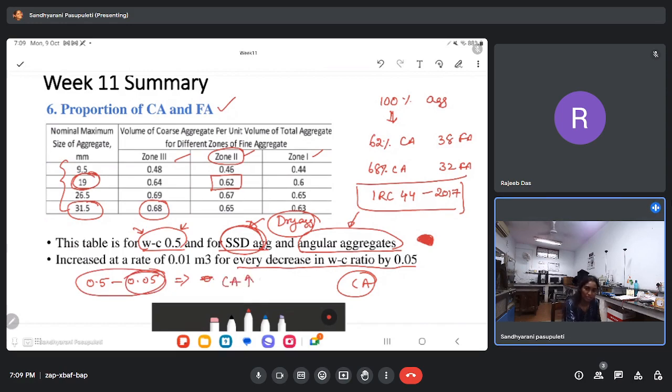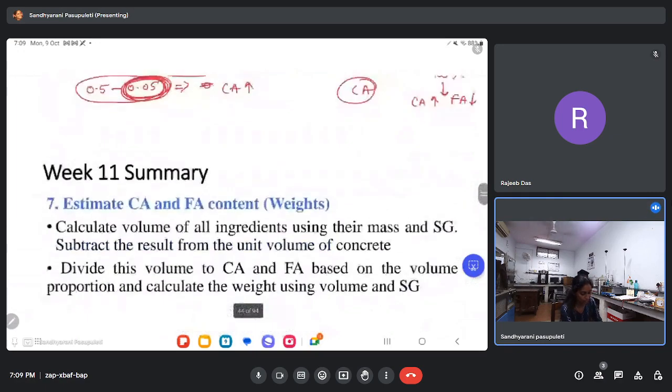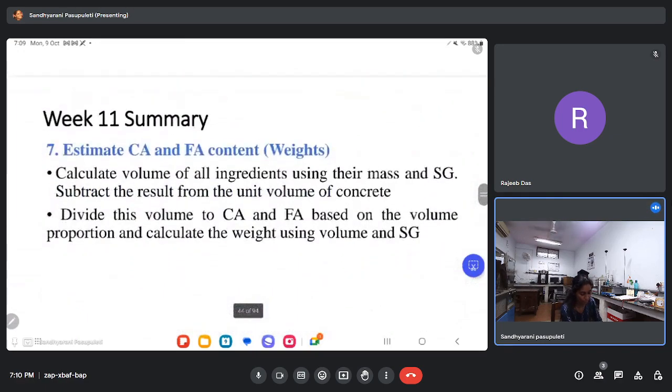Why? If the water amount is less, fine aggregate amount would be less. If the fine aggregate percentage out of 100% of aggregate is reducing, it means coarse aggregate should be increased. How much do we have to increase? They are saying that for every 0.05 reduction in the water cement ratio, we have to increase the coarse aggregates by 0.01 meter cube. We will also discuss this in one problem so that we will get more clarity.